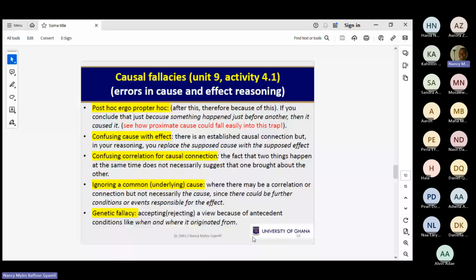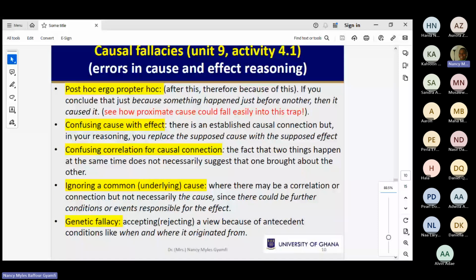When you think of cause in terms of proximity, I think we did this. When you say what caused something just refers to what came before the effect, that is likely going to lead to the fallacy that we call post hoc ergo propter hoc. I think we did it. One of you read it yesterday, if I'm not mistaken.